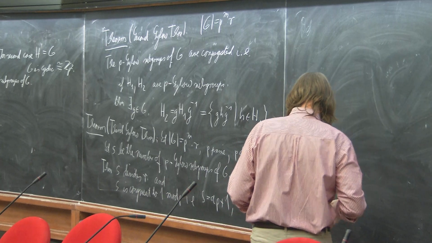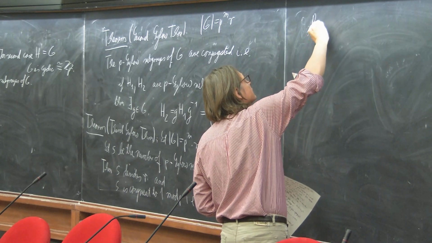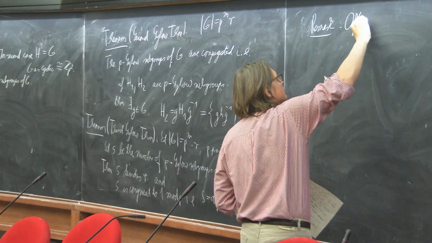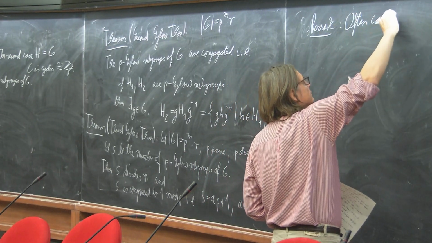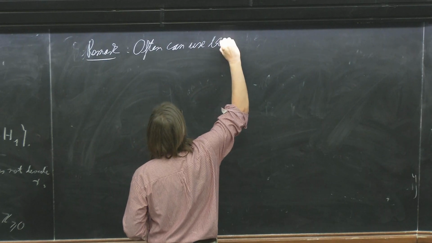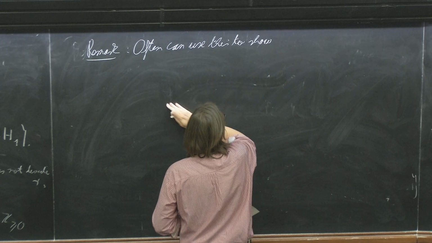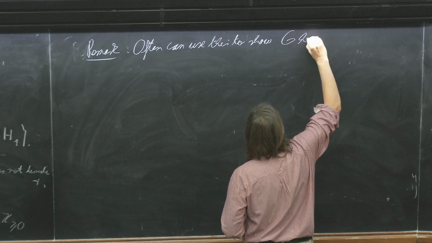So this remark: we often can use this to show G has a normal subgroup.